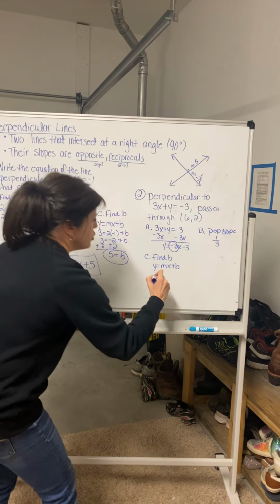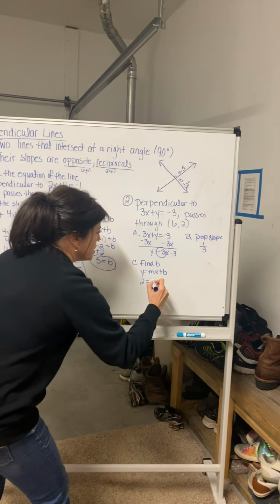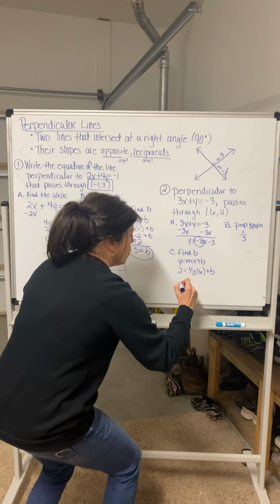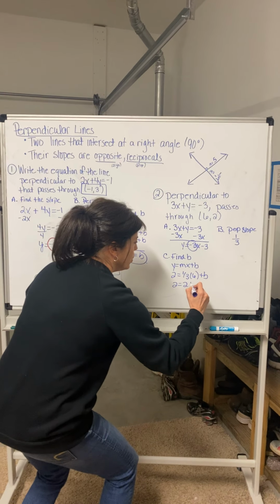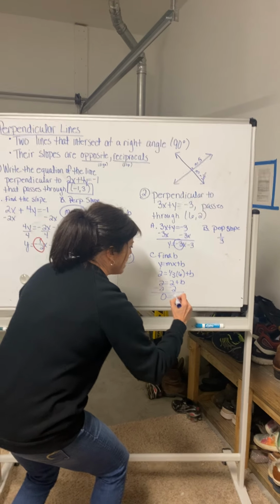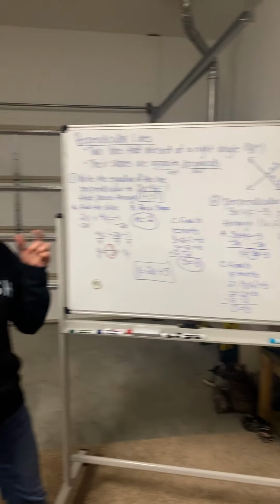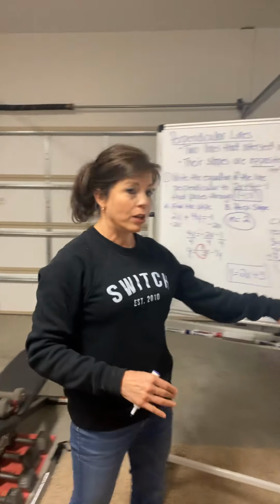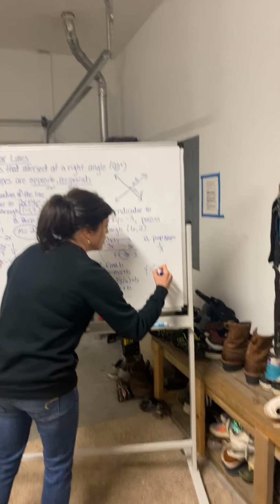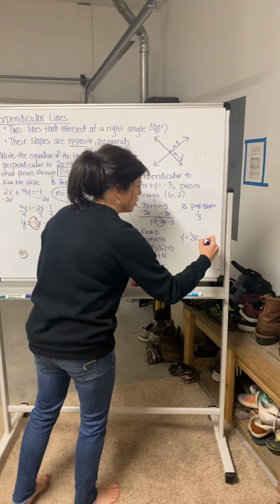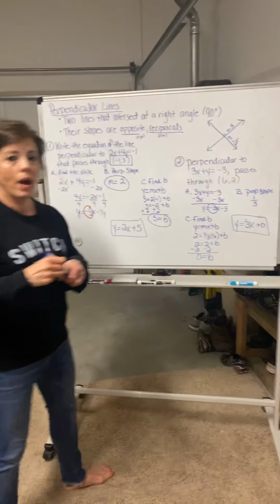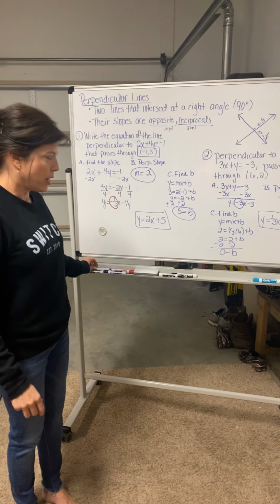My y value is 2, my m value is 1/3, my x value is 6, plus b. 1/3 of 6 is 2. I'm going to subtract 2 from both sides. My y-intercept is 0. That doesn't mean I don't have a y-intercept, it just means that it goes through the origin. So your answer to this is going to be y = 1/3 x, my perpendicular slope. You can put +0, or you can just leave that y-intercept off and just have y = 1/3 x.